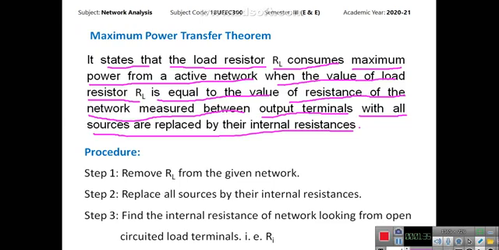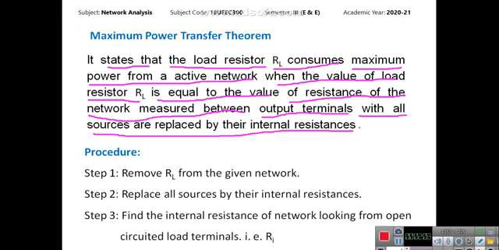So the statement is very simple. Any load resistor in a given network is connected across the output terminals. Suppose you want to determine the power consumed, or the power delivered to the load resistance, is maximum. Then you need to find the internal resistance of the network when you open the terminal of the load resistor.